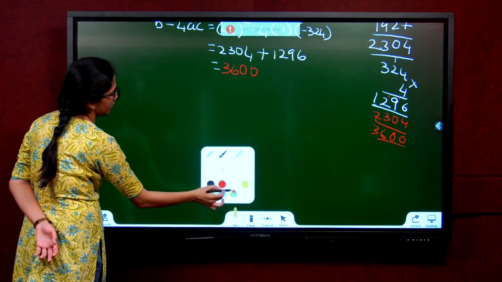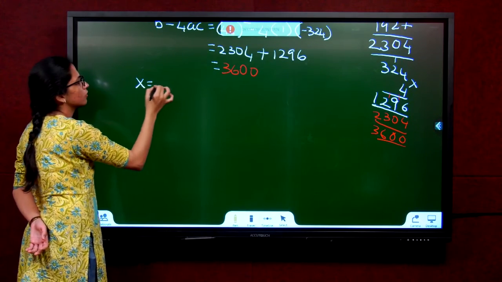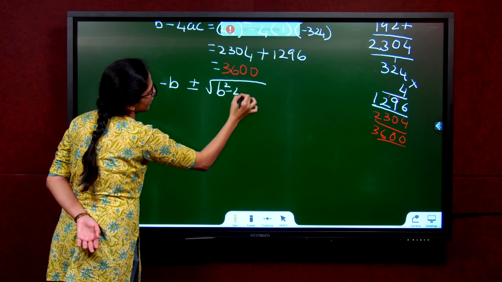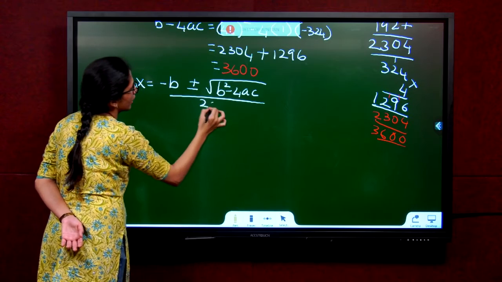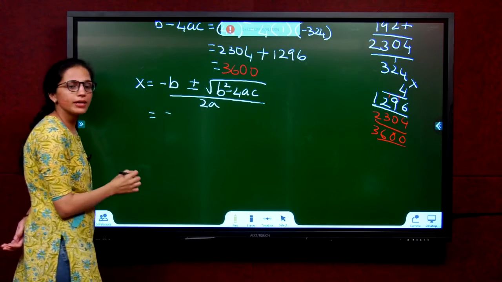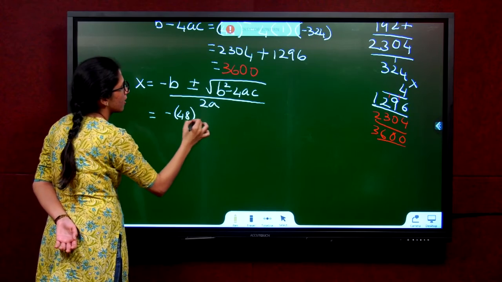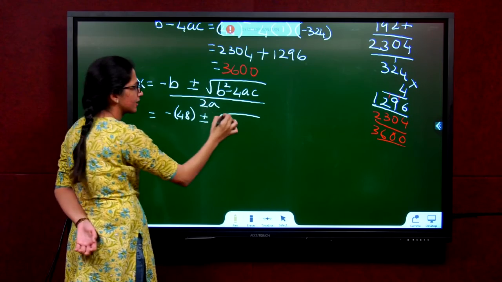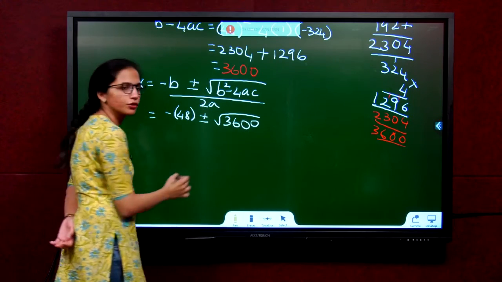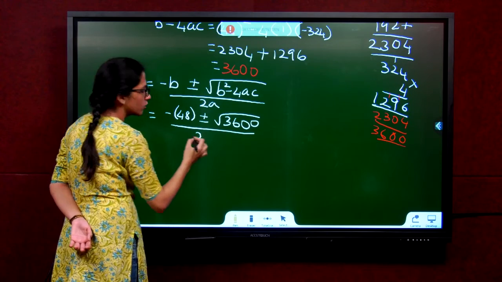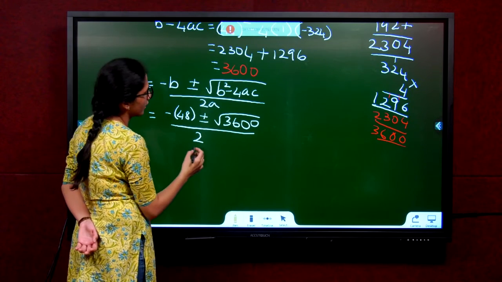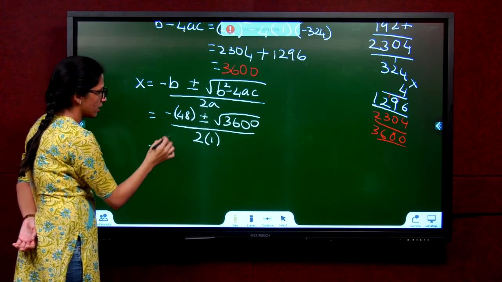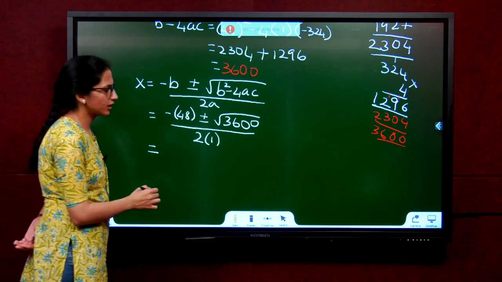We will now apply the formula. X is equal to minus b plus or minus root of b square minus 4ac by 2a. Minus b is 48 plus or minus root of b square minus 4ac. We just found it here as 3600. Simply substitute it. Divided by 2 into a. What is the value of a? 1. So now we need to find root of 3600.